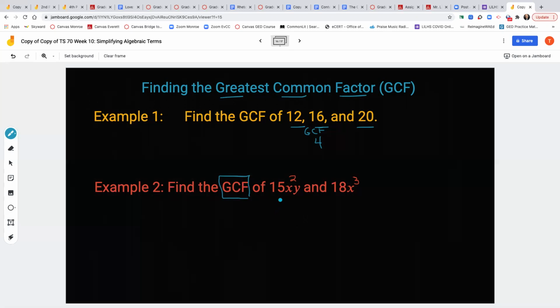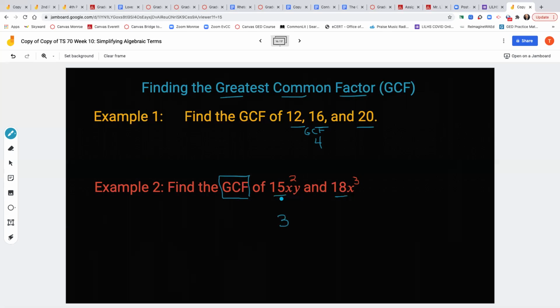They both have constants, but what's the biggest number that goes into both 15 and 18? Can you think of what it is? It's 3. 3 times 6 is 18. So 3 becomes the greatest common factor of the coefficients, as they call them now, because they're stuck next to a variable.